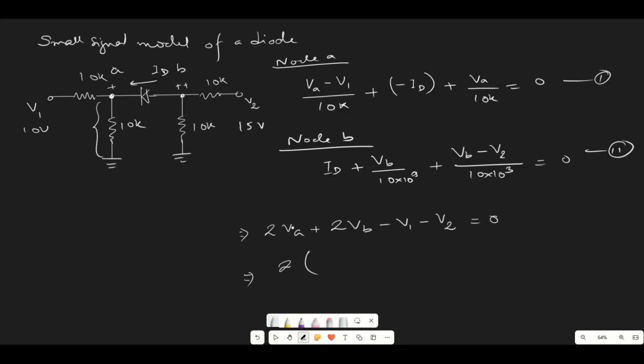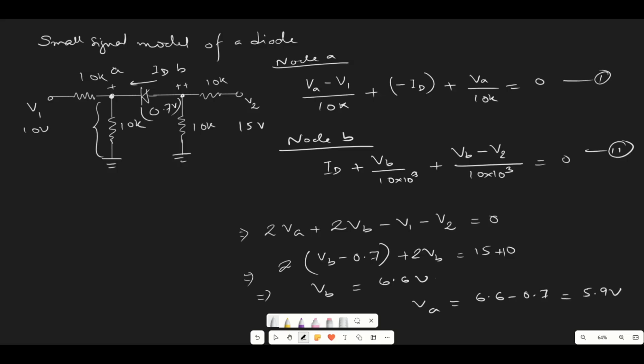Now VA can also be written as VB minus 0.7, as this voltage drop is 0.7. Then 2VB equals to V1 plus V2, so 15 plus 10 is 25. From here the value of VB is coming out to be 6.6 volts. Now VA is VB minus 0.7, which is equal to 5.9 volt.